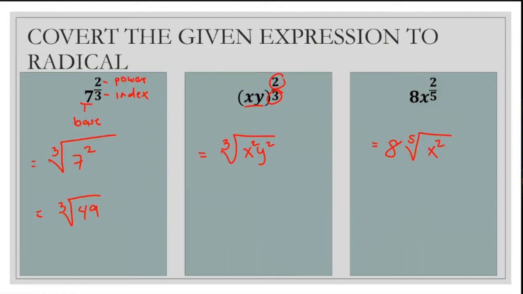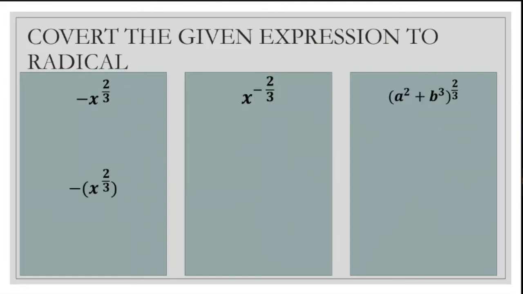If it is enclosed in parentheses, like in the second example, x and y are both raised to 2/3. But in this case, x is the only one raised to 2/5. Therefore, 8 will be a coefficient of the radical. So we will now have 8 times the fifth root of x squared.